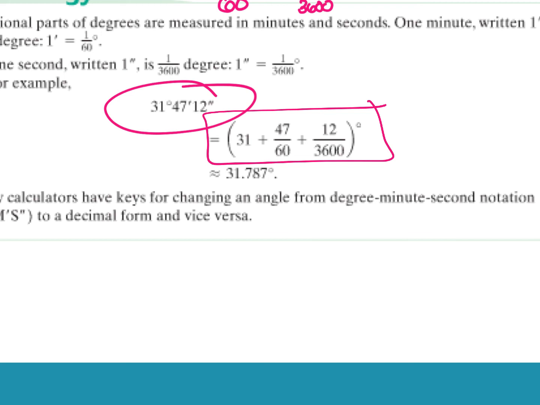You can do it all in one step if you're using a graphing utility. You just have to group it. So it would be 31 plus parentheses 47 divided by 60, close the parentheses, plus, open the parentheses again, 12 divided by 3,600.